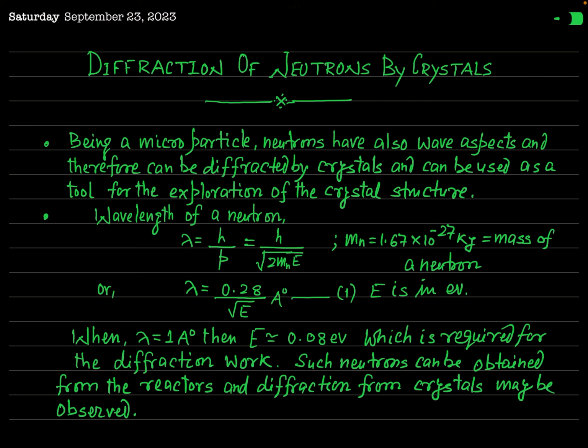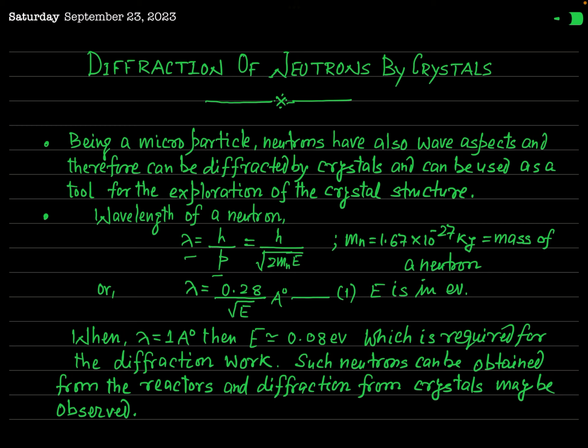And for this, we will again use the de Broglie matter wave concept for finding the wavelength of a material particle. According to de Broglie's hypothesis, the wavelength of a microparticle, lambda, is given by h over p, where h is Planck's constant and p is the linear momentum of the particle.